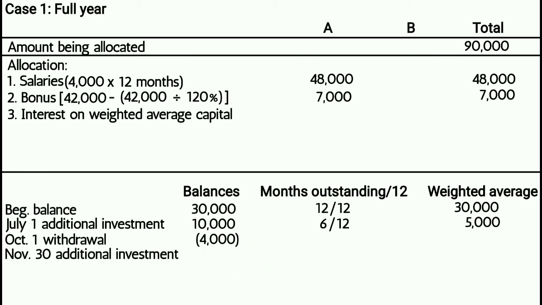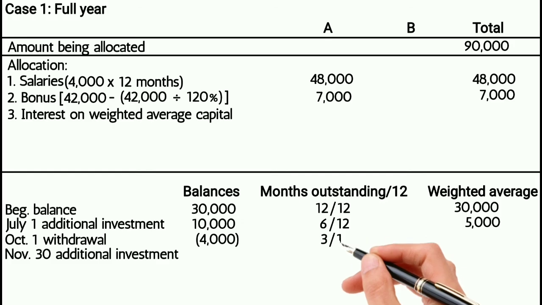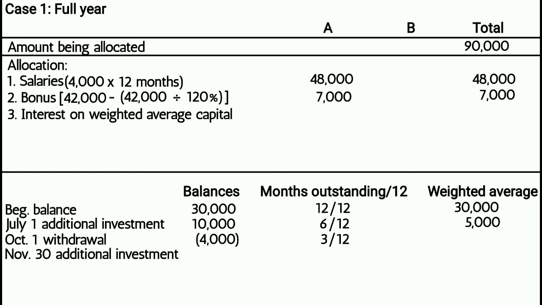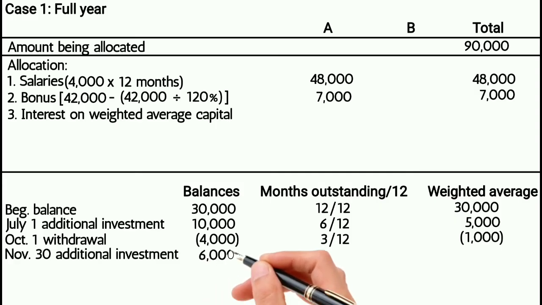Ang months outstanding from October 1 to December 31 ay 3 months. That's why kailangan nating i-multiply yung negative 4,000 pesos sa 3 over 12. Negative 4,000 pesos times 3 over 12, that is equal to negative 1,000 pesos. On November 30, meron ulit additional investment na 6,000 pesos.